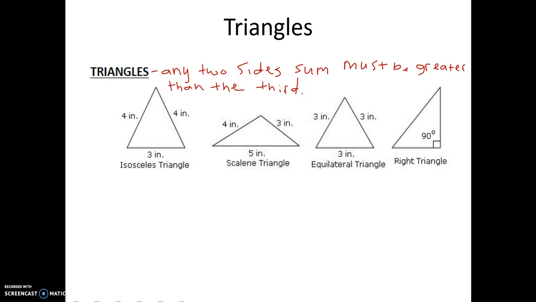Okay, and then we also had that a triangle's angles are equal to 180 degrees total.